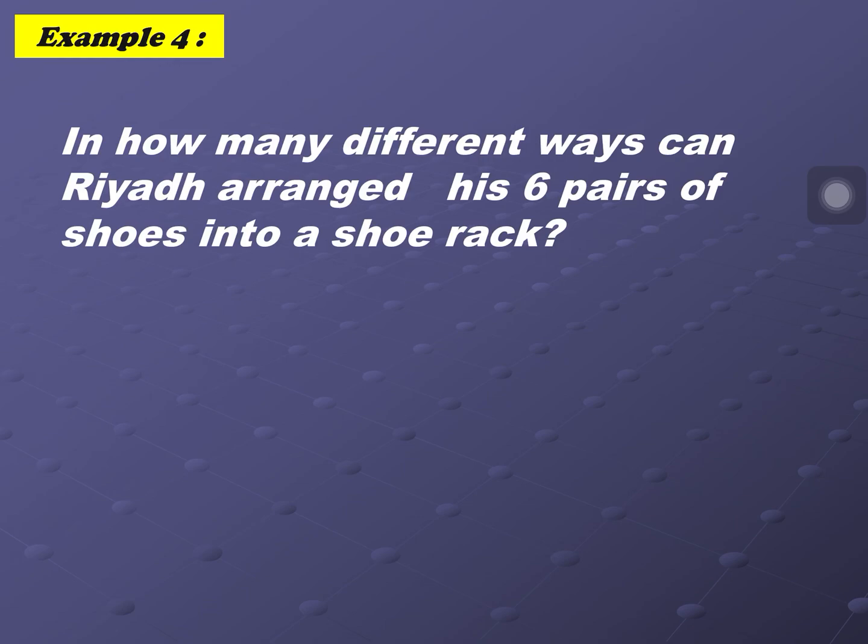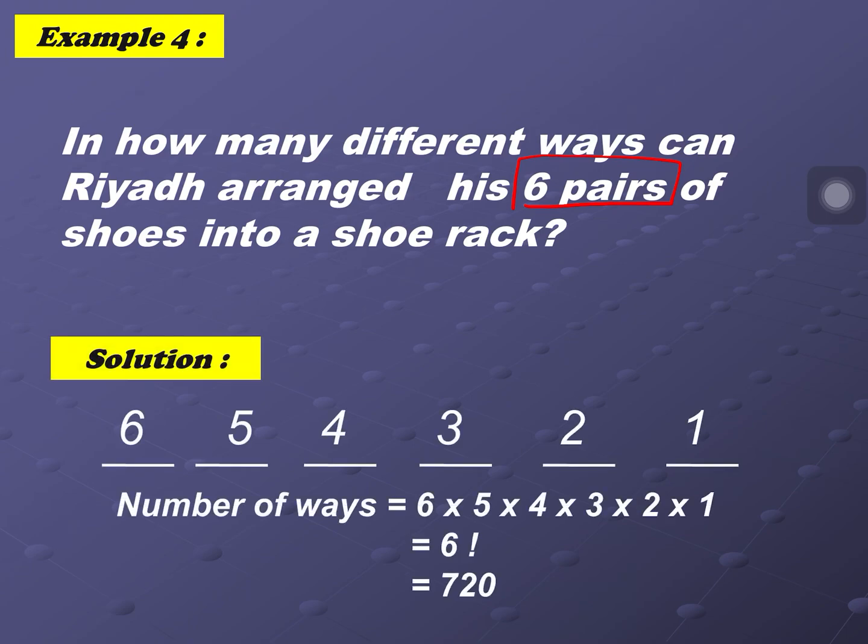Example 4. In how many different ways can Riyadh arrange his 6 pairs of shoes into a shoe rack? Same as example 3. You have 6 pairs of shoes, so what you need to do is 6 factorial.